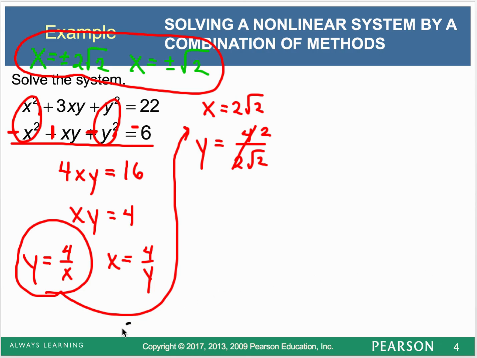We have the point where the x value is 2 square roots of 2, and the y value is, hey, we can't leave that. We better rationalize that denominator. So remember how we do that. Square root of 2 over square root of 2. So we have 2 square roots of 2 over 2, or square root of 2. Okay, so there's one solution.